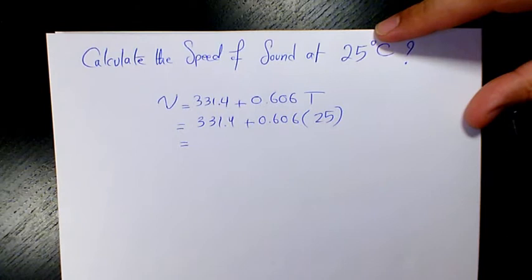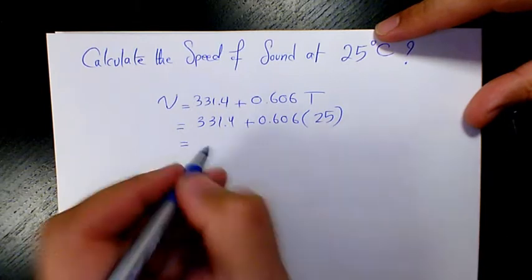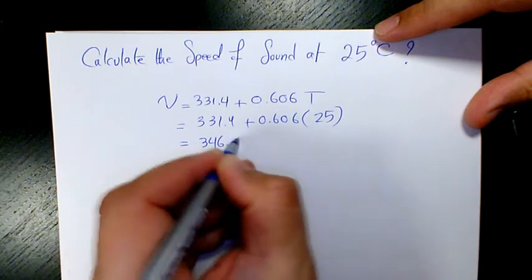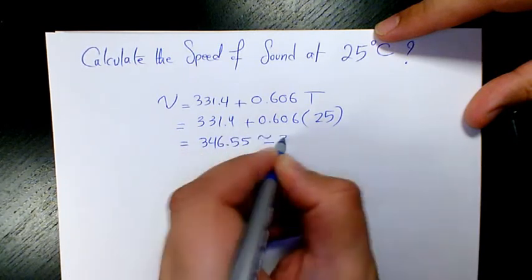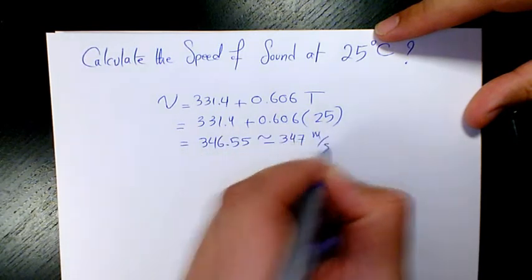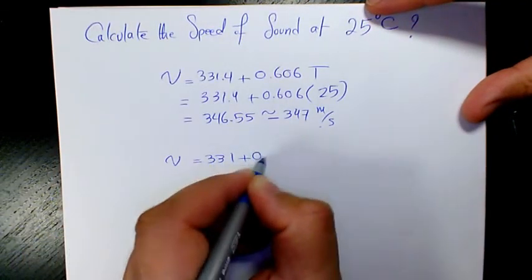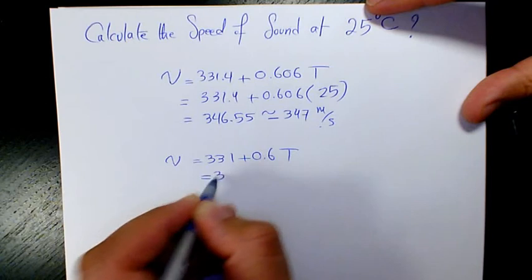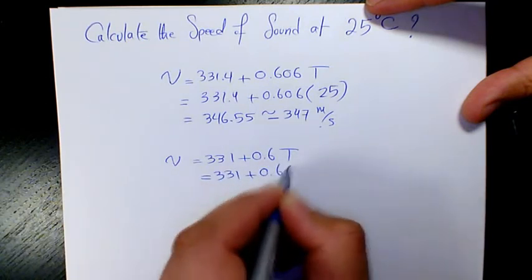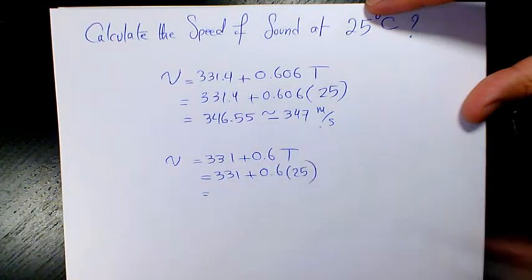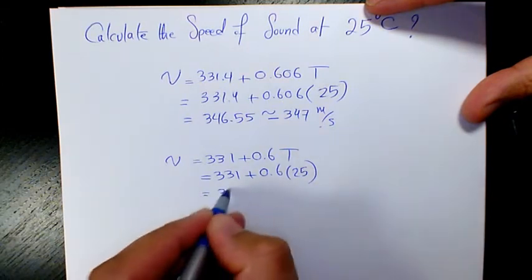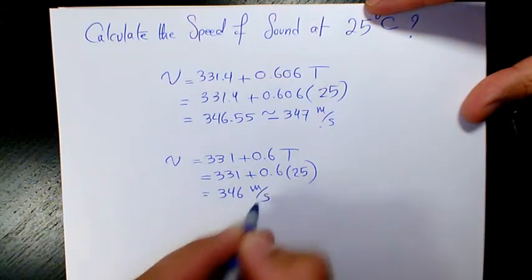So 331.4 plus 0.606 times 25 gives me 346.55. This is going to be 347 meters per second. Second one is going to be 331 plus 0.6 times T, which is 331 plus 0.6 times 25. That's going to give me 346 meters per second.